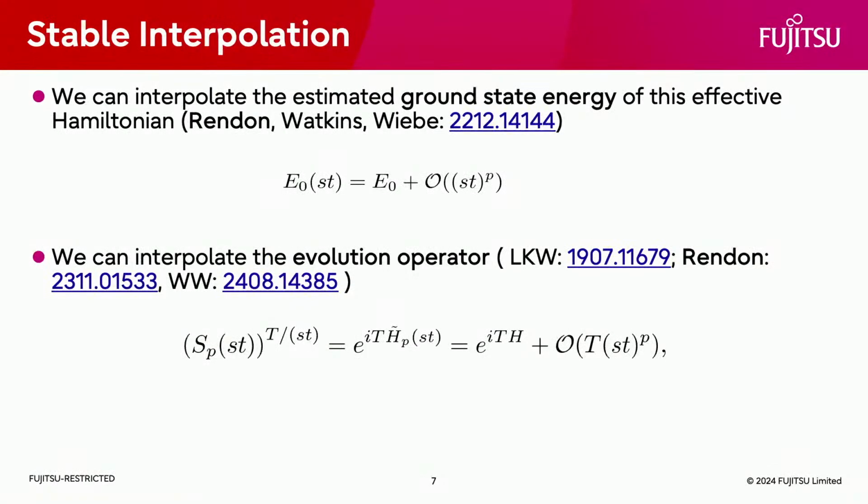We make sure that these are analytic to ensure a good convergence rate. We've used it for interpolating the ground state. We use several samples for different Trotter step sizes, and we interpolate towards the zero Trotter step size using stable interpolation methods. There's been also work on doing this for the Hamiltonian evolution, the evolution operator.